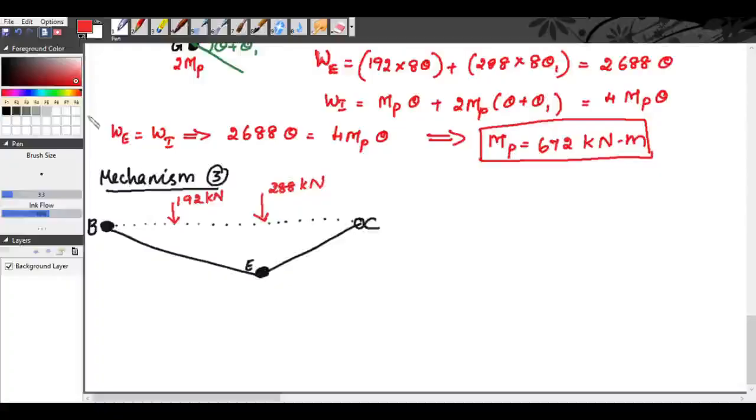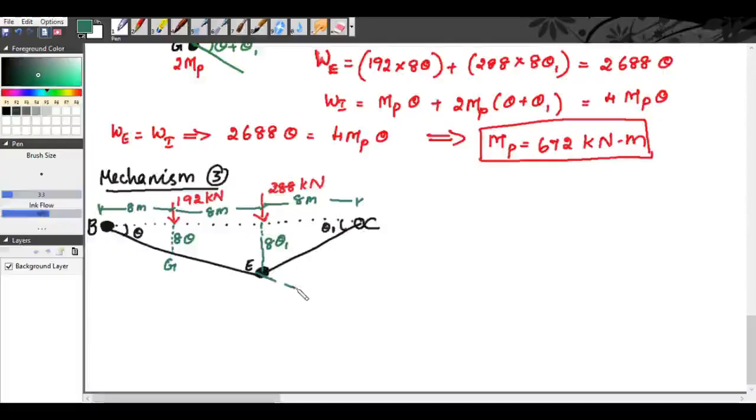Okay. Now if you consider the distance, we will take this angle as theta and this angle as theta 1. So our distance is, we know this is 8 meter, 8 meter and 8 meter. So we will take this point as G. So this distance is 8 theta and this distance is 8 theta 1.